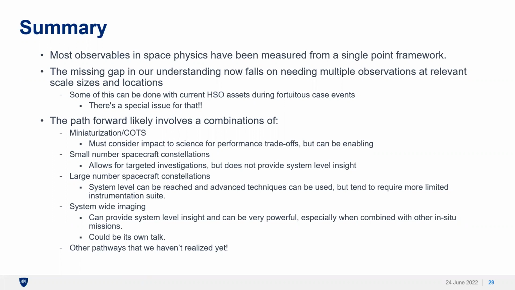So when you go to meteorology, there is a home for all of these different architectures. And so we need to find a way to start bringing all of them in a very collaborative sense into our community. And then beyond that, there's probably pathways that we haven't realized yet. I'm sure there are plenty of great ideas in this room that were not captured in this presentation. And really, we're not going to know what the future is until it's no longer the future. So with that, I'll take any questions.